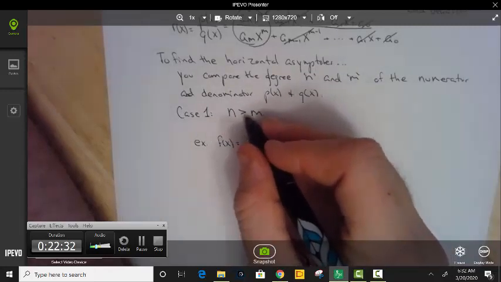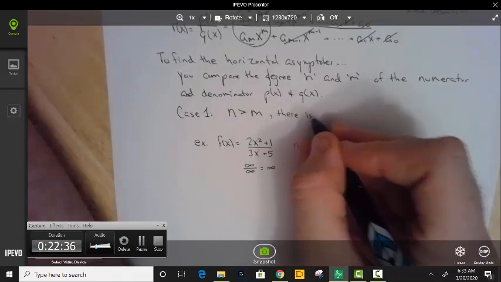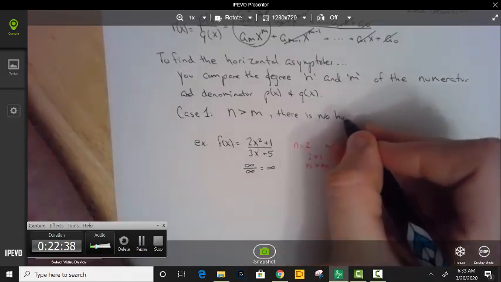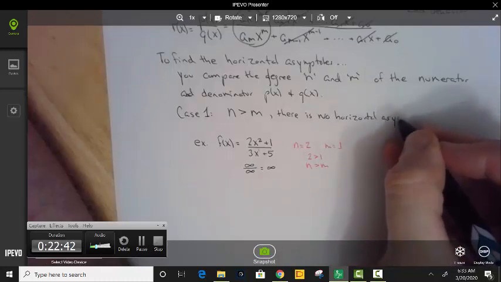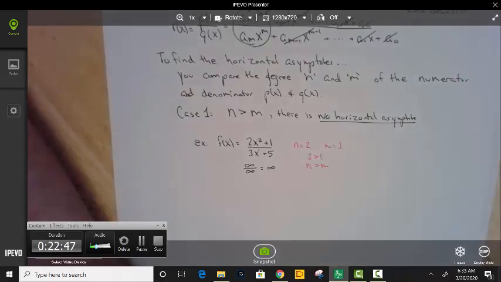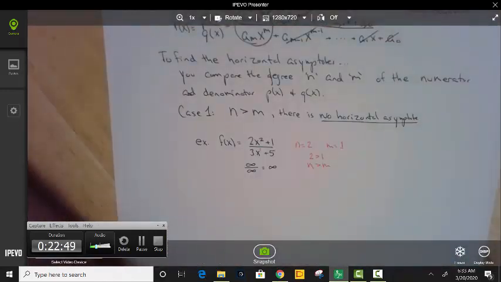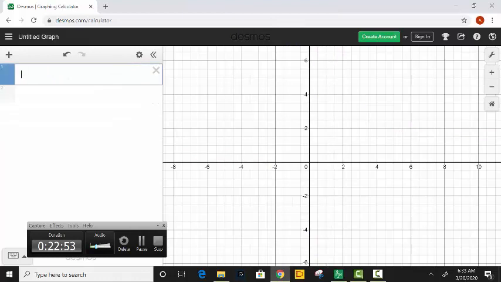So if n is greater than m, there is no horizontal asymptote. It does not approach a specific value as we go to infinity. And I'm going to jump over here to Desmos and show you.